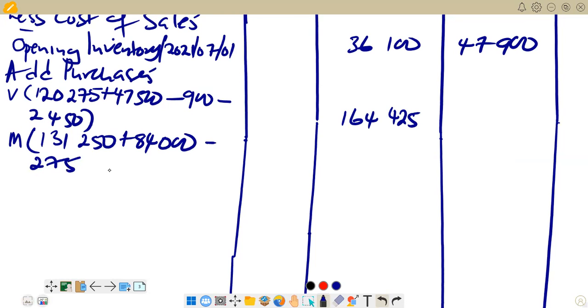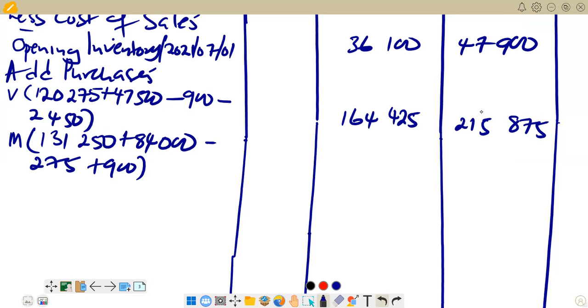And then we add the 900, which was transferred from the vegetables department. So if you calculate that one, we now put that one in the column of meat. The answer that we have is 215,875.